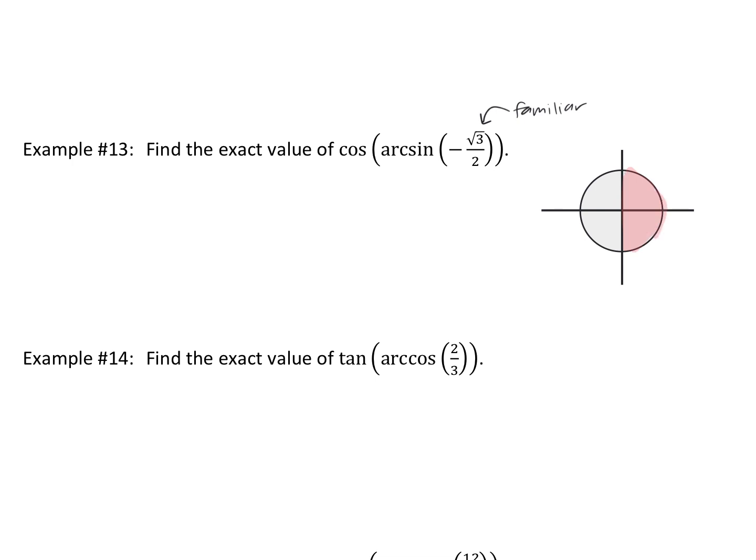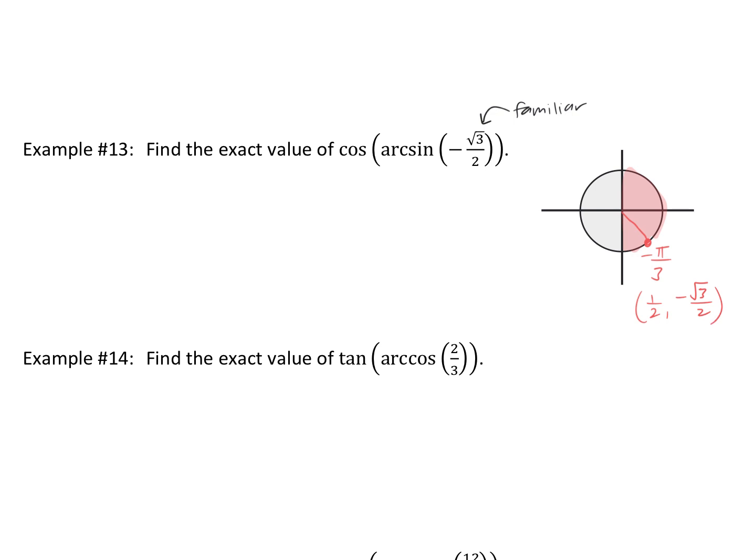So my answer has to be in those two quadrants, and I'm looking at the y value. Of those unit circle values, which y value is -√3/2? -pi/3, right? It's going to be this point right here, which we'll call -pi/3. And that coordinate point is 1/2, -√3/2.